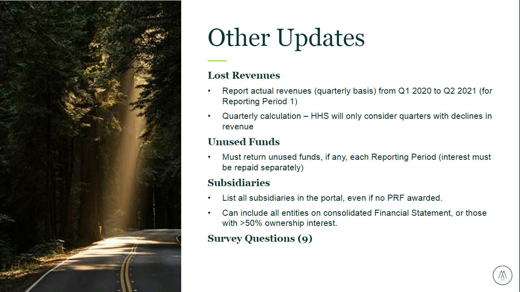They don't offset the quarters where you did show a loss. So any quarter where you show a loss counts, any quarter where you show a gain, you'll report those numbers, but essentially it will just be a zero in the calculation of total lost revenue. So that's a fantastic change for a lot of the clients that I've seen doing this, relying on lost revenue calculations.